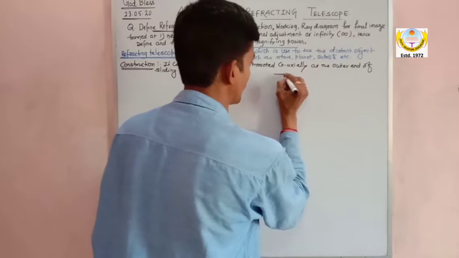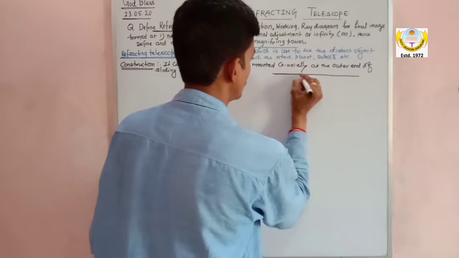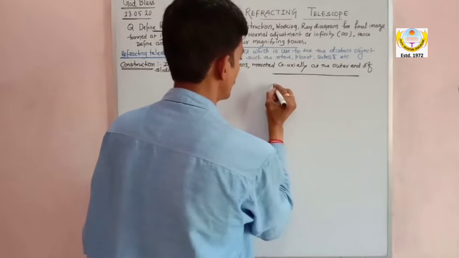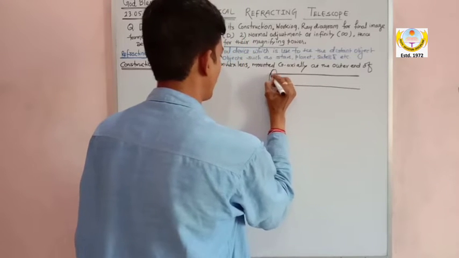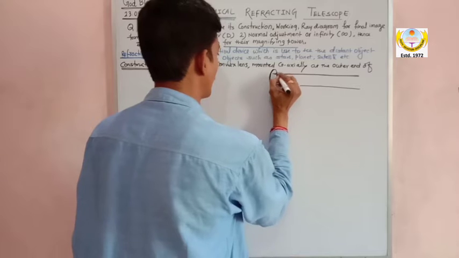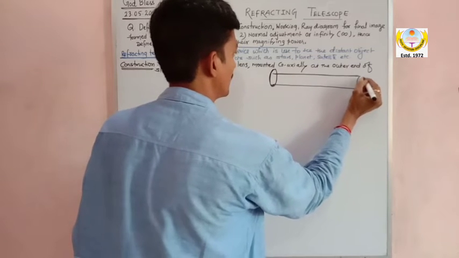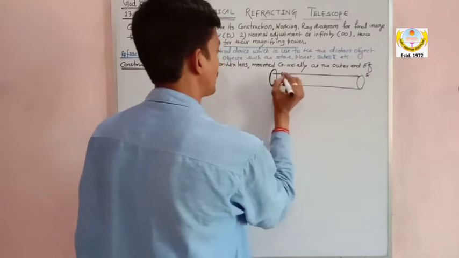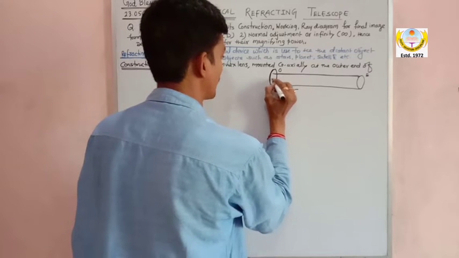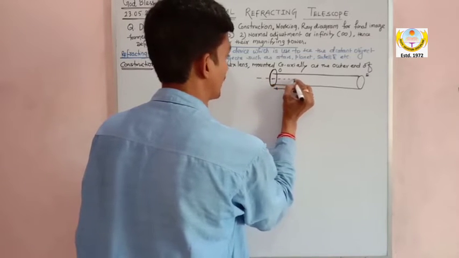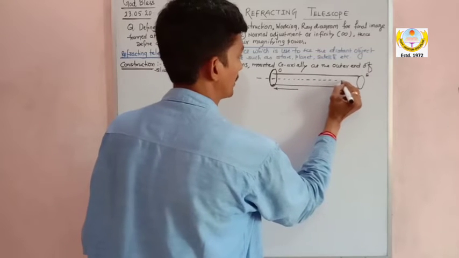So it is something like that. For example, this is a metal tube. The objective has a large aperture and large focal length, and this is the eyepiece. This is the eyepiece and this is the objective. And here, my dear, again this is coaxial, that is, the centers lie on the same line.